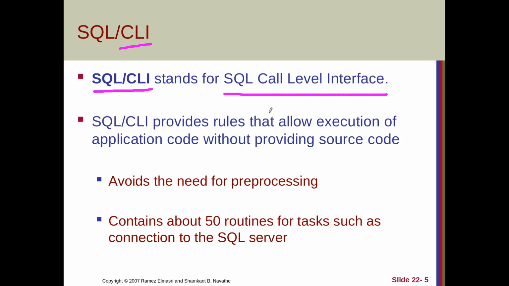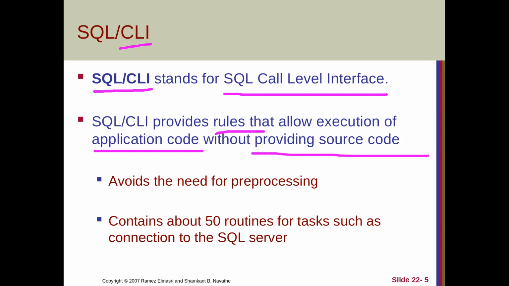It provides rules that allow execution of application code without providing its source code. That means by simply using the name of a particular method or operation, we can execute a certain amount of source code without knowing the internal details of how it is implemented.